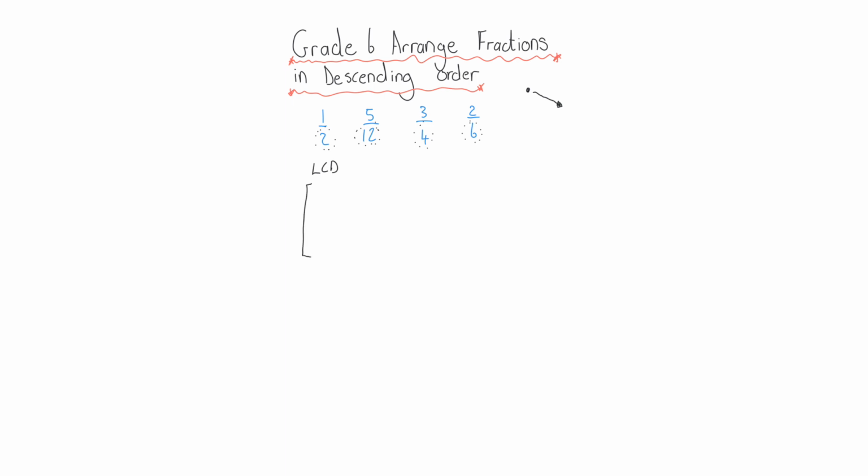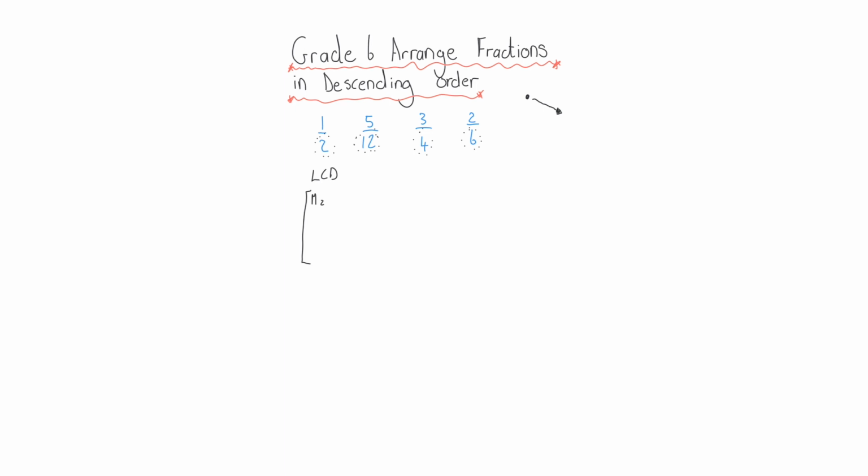This is how. Okay, so we say, right, we take this one, multiples of 2. This is multiples of 2. And then multiples of 12. So I'm just going to write it down for now. Multiples of 12.